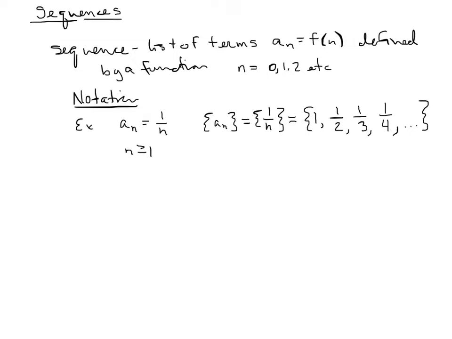So those are 4 terms in this sequence. It's just a list of numbers, defined by the function 1 over n, starting when n was equal to 1. So there's an example of one sequence.